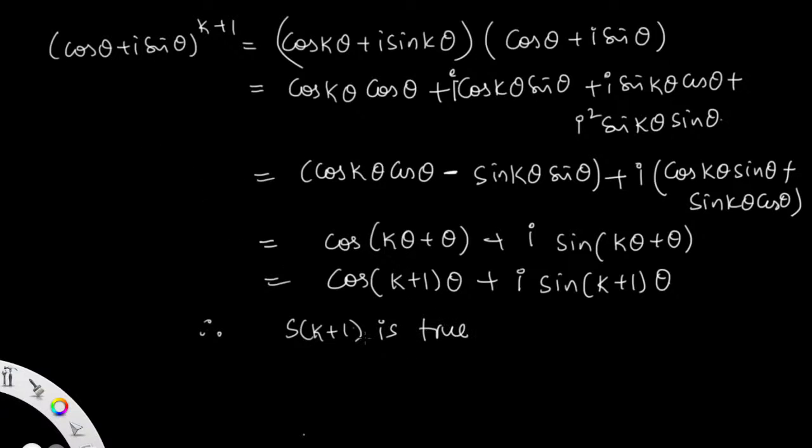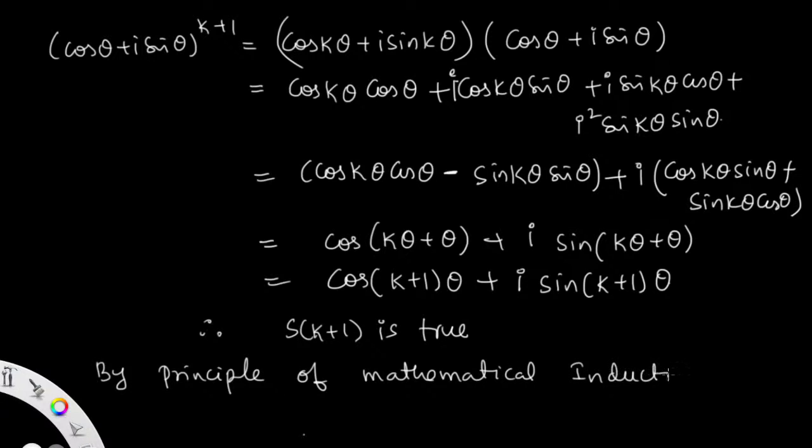Why? Because in terms of k you can write k plus 1, then by the principle of mathematical induction, S of n is true for all n belongs to N. As per the method of mathematical induction, first we have completed n equal to 0, n equal to 1, n equal to k, and then n equal to k plus 1.